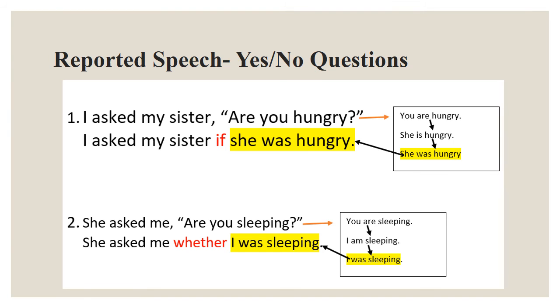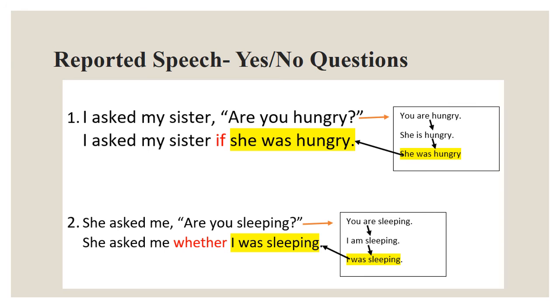Look at the second one. She asked me, "Are you sleeping?" Okay, "are you sleeping" becomes "you are sleeping," and then "you are sleeping" becomes "I am sleeping," and then according to the tense change it becomes "I was sleeping," and that should come after "if" or "whether."